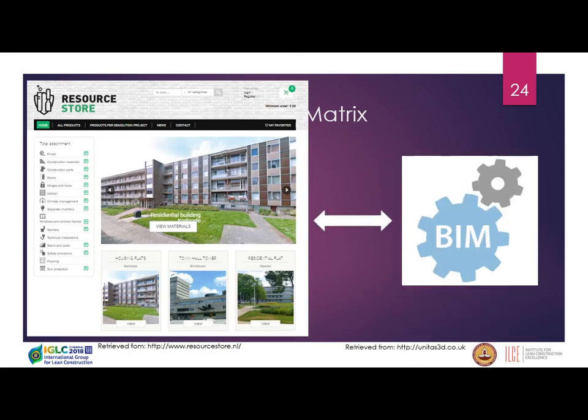So the Resource Limburg company had asked us for improvement of their process, and we suggested the connectivity of the BIM model that they already have of the building with the web shop in order to facilitate the execution process.